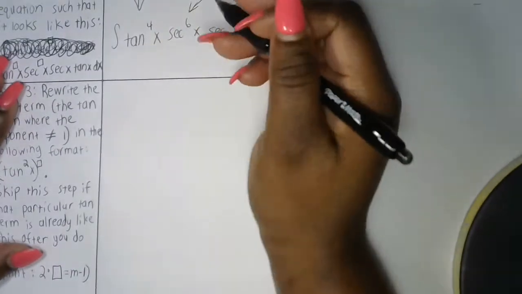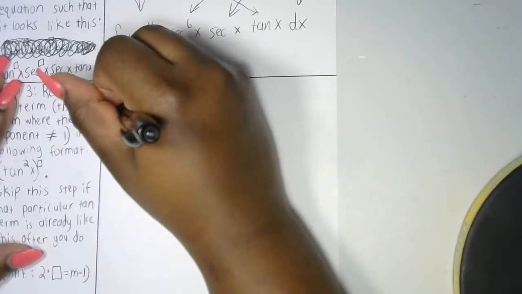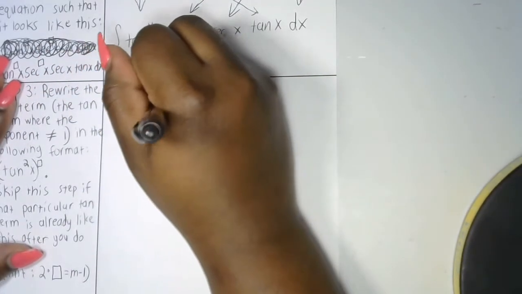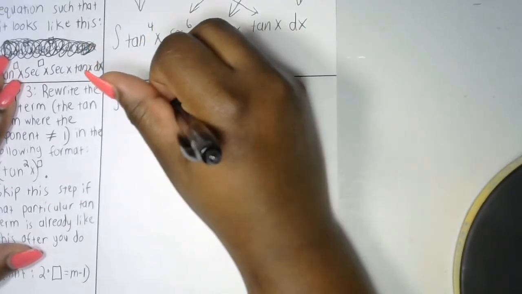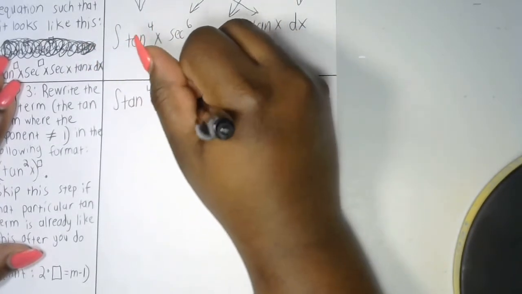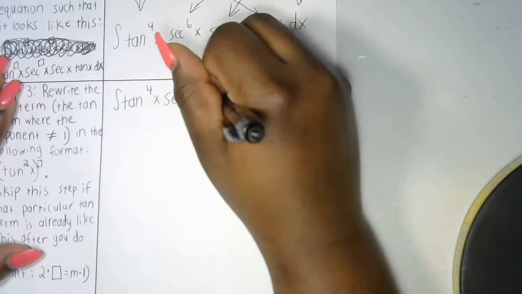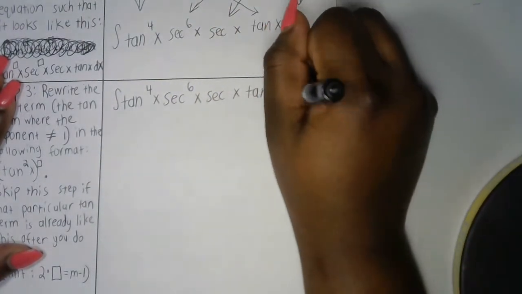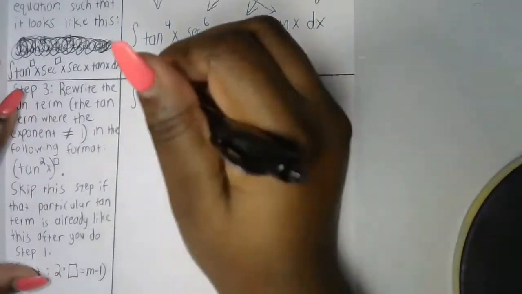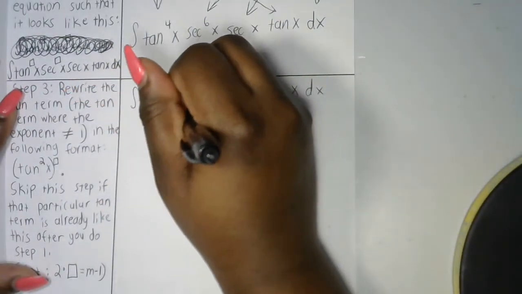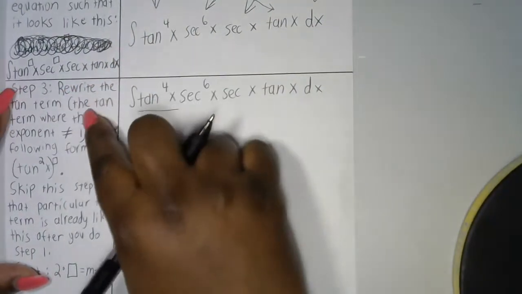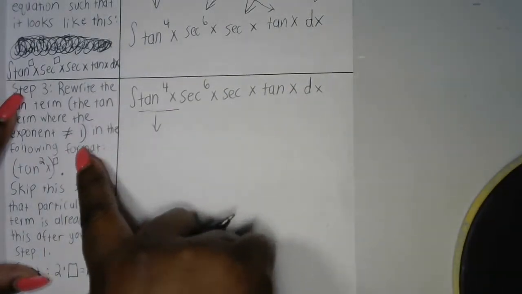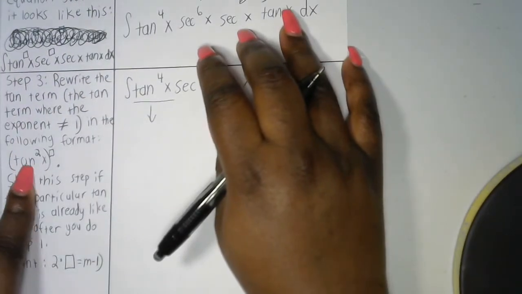So what do we have so far after step 2? We have the integral of tan x to the 4th power times secant x to the 6th power times secant x tan x dx. Right? So we're going to take this tan term, because this is the tan term where the exponent does not equal 1, and we have to put it into this format.